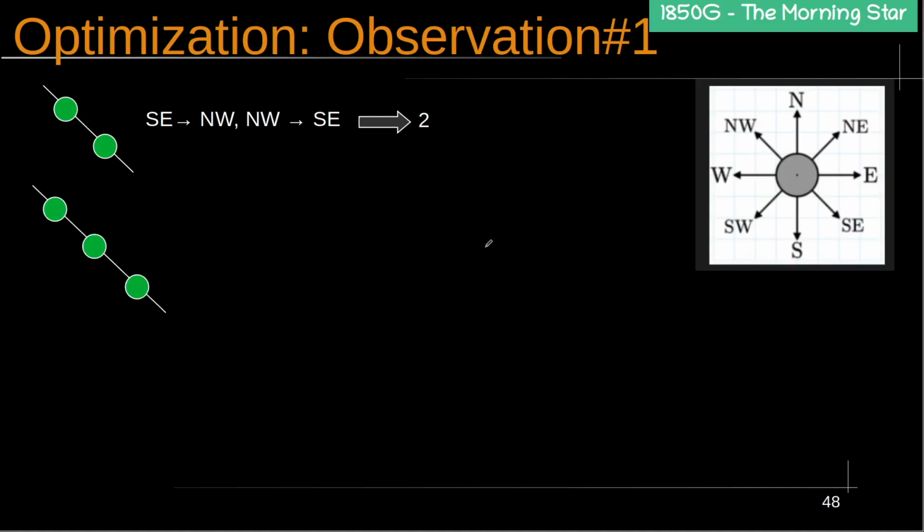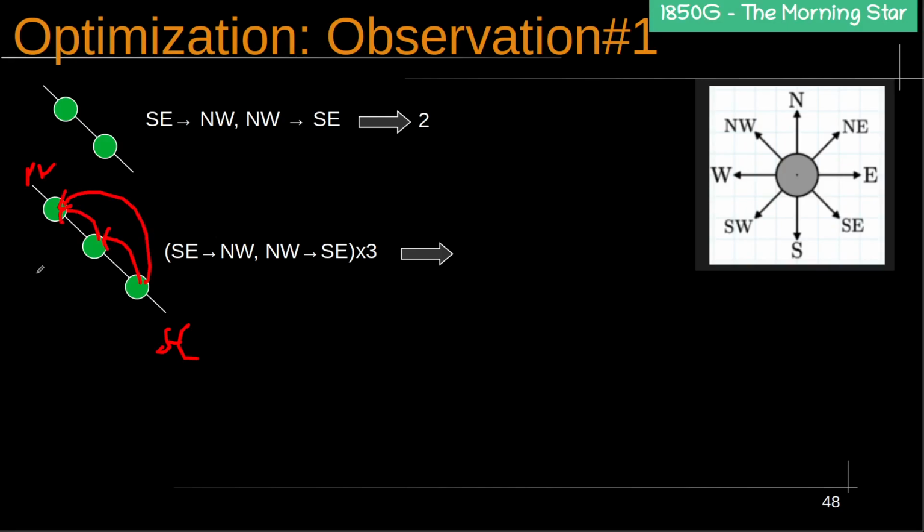What if I have 3 points? We can make southeast to northwest, northwest to southeast, times 3: 1, 2, 3, 4, 5, 6.